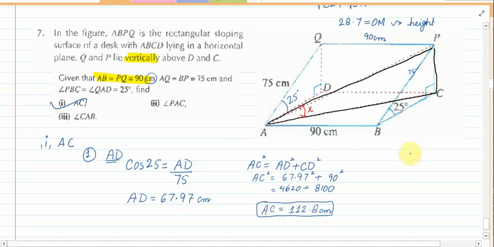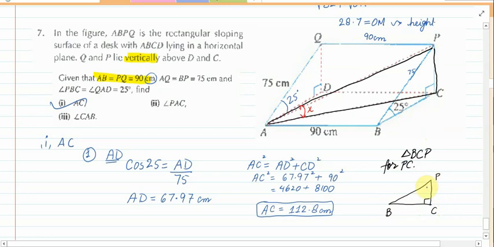So for PC, I am going to consider triangle BCP. If I draw the triangle, it's B, C and P. It will be like this, right? From B to C a straight line at 90 degrees, and from C above it is P.